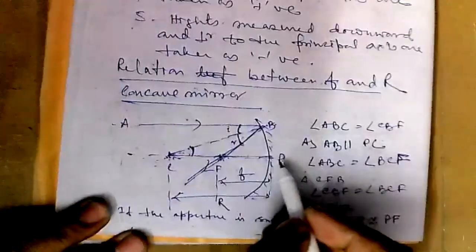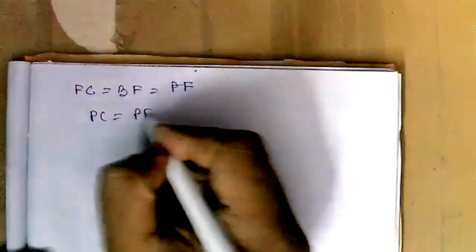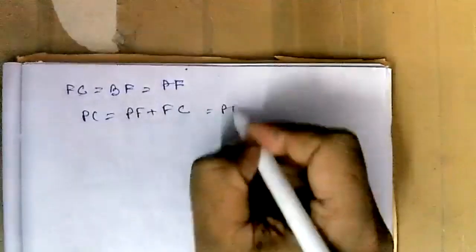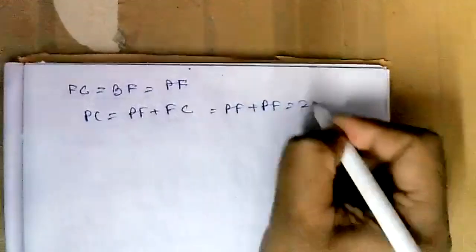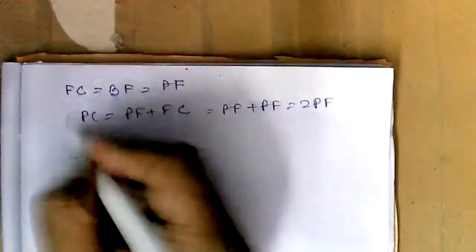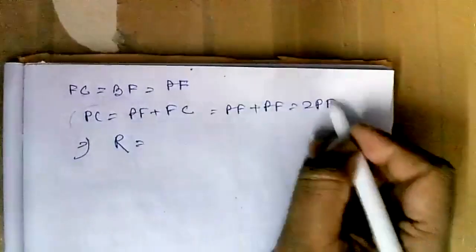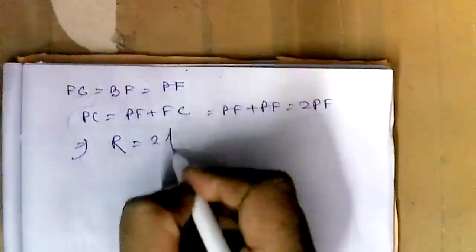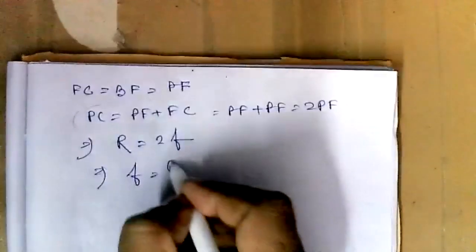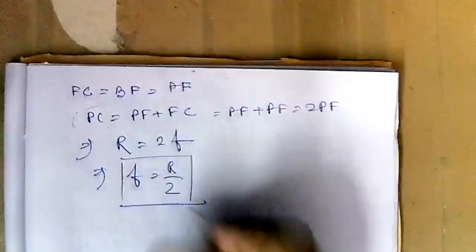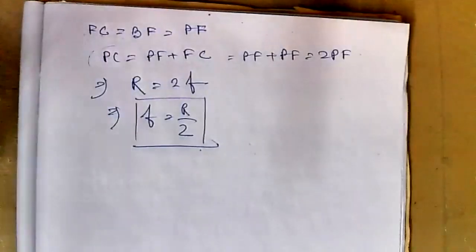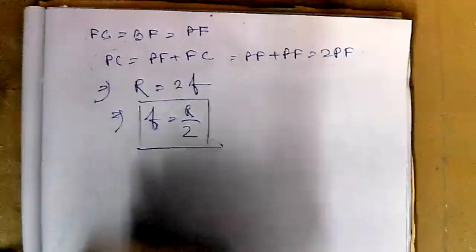Now PC can be written as PF plus FC. Now FC is equal to PF. So PF plus PF, twice PF. So this is the radius of curvature R, and PF is the focal length, so R equals twice F, or F is equal to R by 2. So this is the relationship between focal length and radius of curvature.